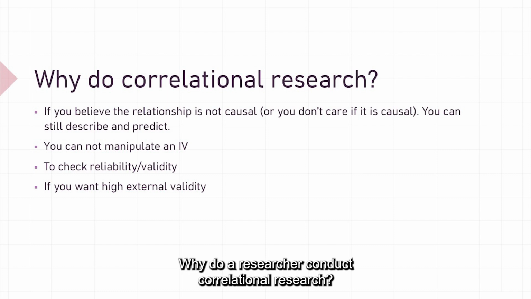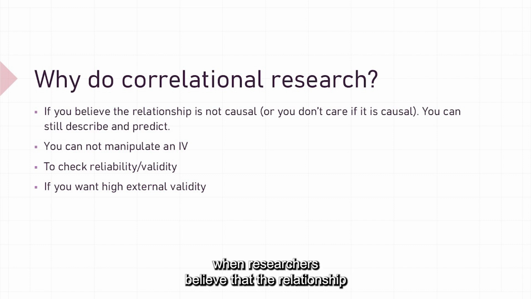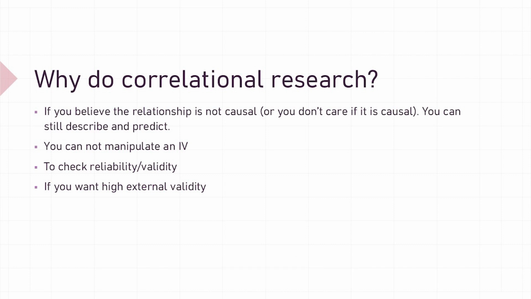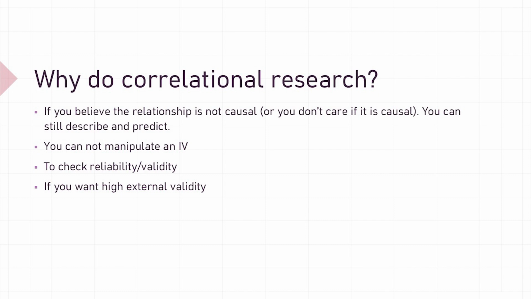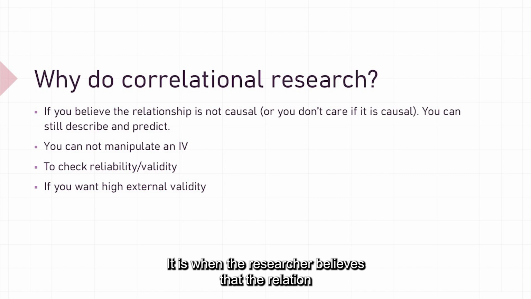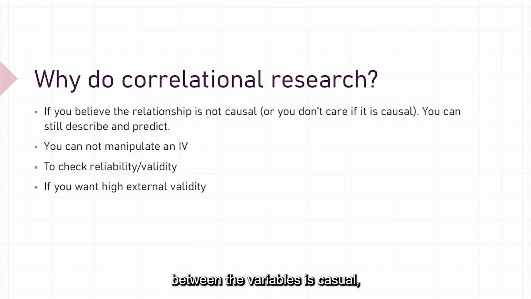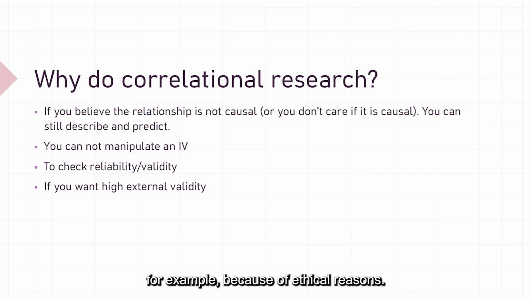Why do researchers conduct correlational research? For example, when researchers believe that the relationship between variables is not causal, or when they are not interested in a causal relationship. Another reason is when the researcher believes that the relationship between the variables is causal, but they cannot manipulate the independent variable, for example, because of ethical reasons.